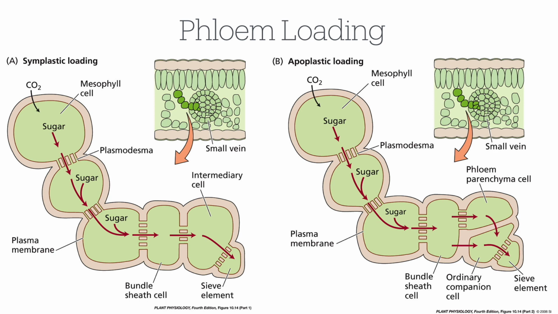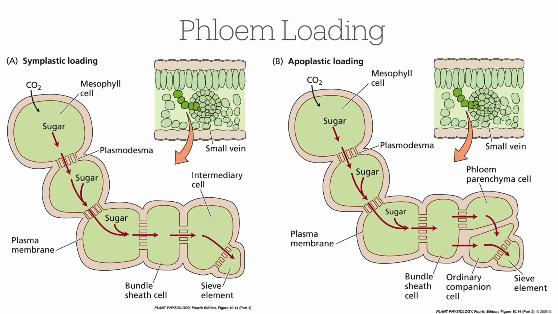So in this case, sugar is produced inside the mesophyll cell and transported symplastically through plasmodesmatal connections all the way to the sieve element. In other plants, probably representing the majority of plants, there is a process called apoplastic loading, where the mesophyll cells, again, are producing the sugars by photosynthesis, and it's transported from one mesophyll cell to the next until it reaches the bundle sheath cells.